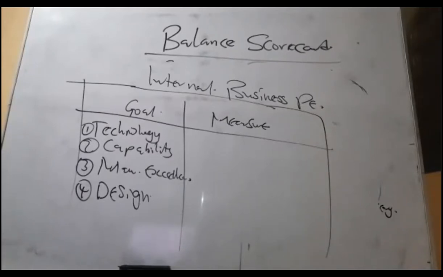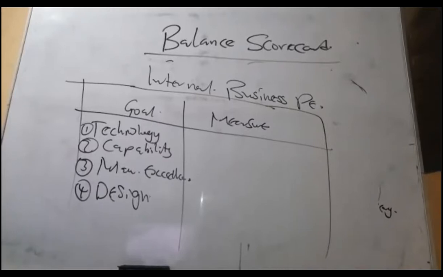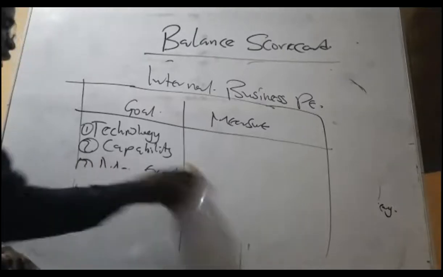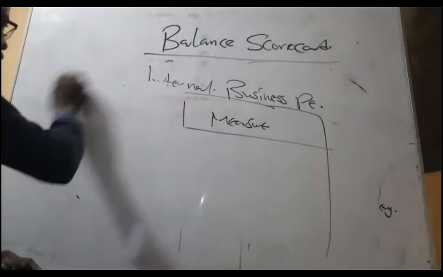Now that is the end of this section. We are now going to start with the divisional performance measurement, and that's the end of the performance management. So the last aspect is the divisional performance management. So let's quickly go to that section and the entire game.